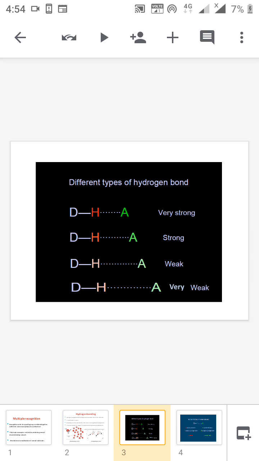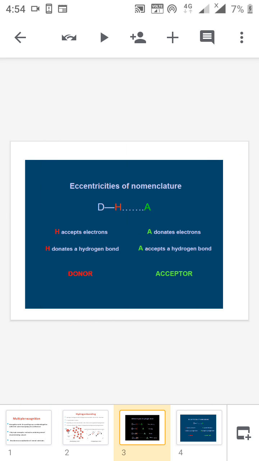So in the first one, the binding is very strong. The hydrogen is bonded to the acceptor. Here there are two factors, that is the donor and acceptor.